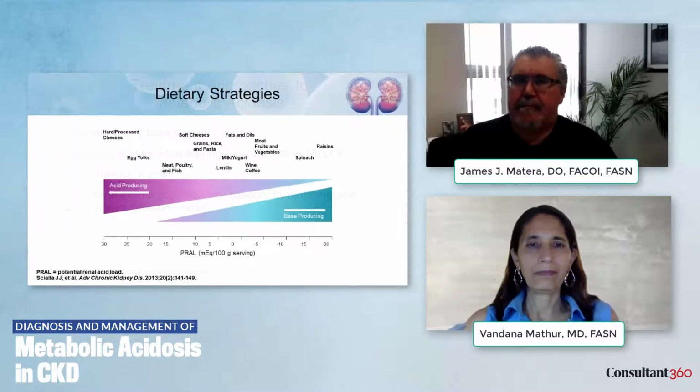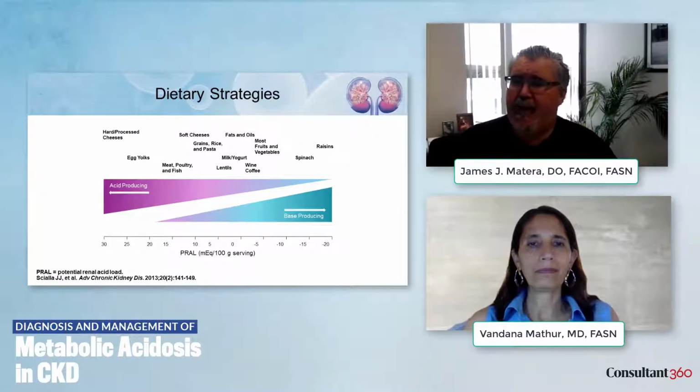So dietary strategies. I think this was a great study done also about 8 years ago or so, where we looked at the potential renal acid load for different types of foods. Over to your left side in the purple is the more acid producing foods, which certainly one would want to avoid.